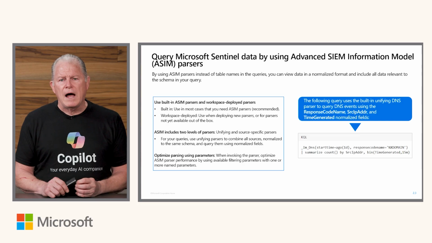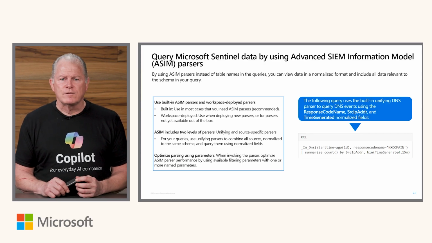Make sure that you know how to configure and use ASIM to provide more accurate and consistent insight from SIEM data, making it easier for security teams to detect and respond to threats.